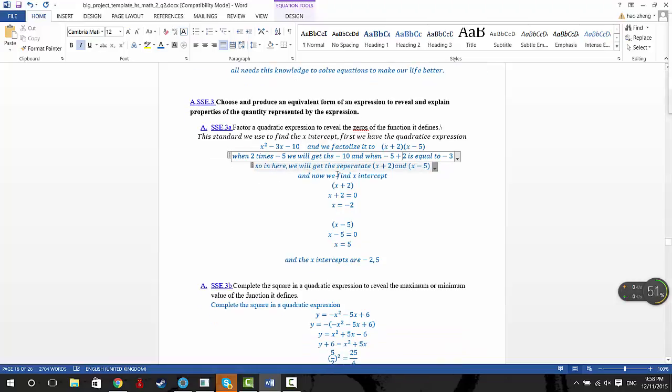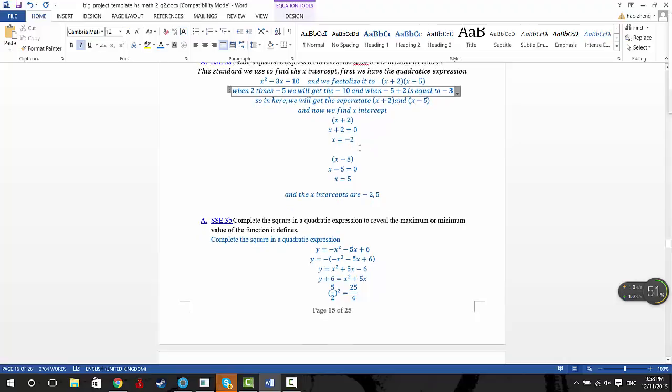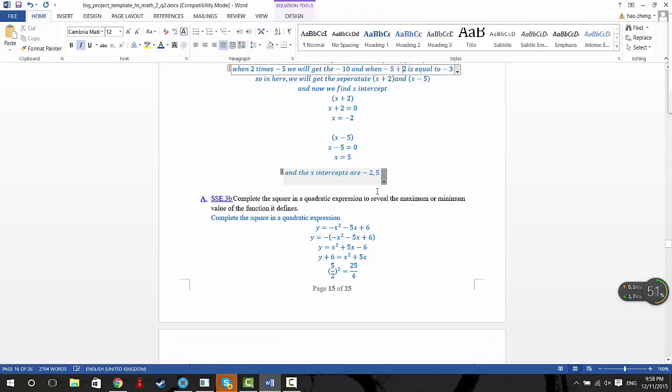So here we get x plus 2 and x minus 5 as separate factors. Agree? Now we'll find the x-intercepts. After this step, it'll be very easy. We just set each factor equal to 0 and solve. So here we get negative 2, and here we get 5. So the x-intercepts are negative 2 and 5.